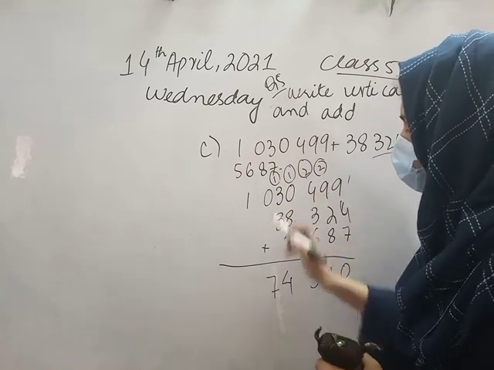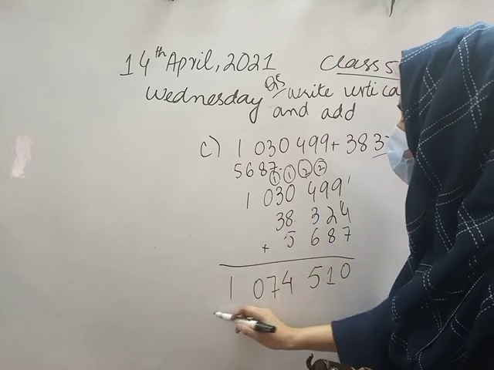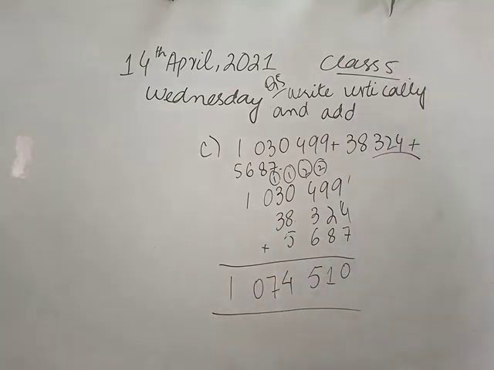Fine class. This 0 as it is and this 1 as it is because there is no any digit below these numbers. So in total I have 1,74,510. Is it clear class?